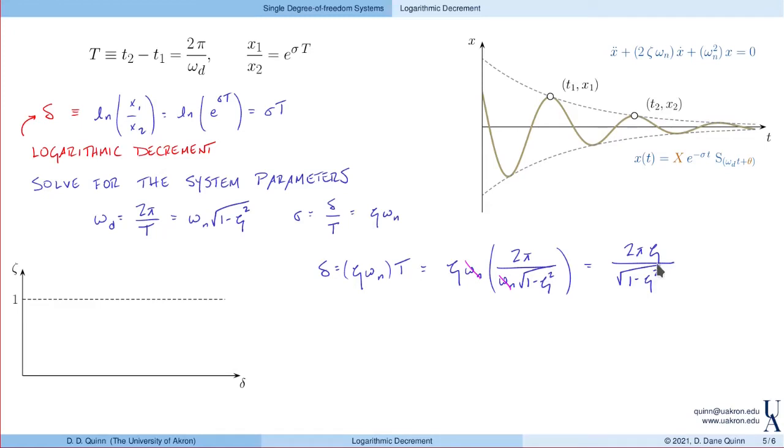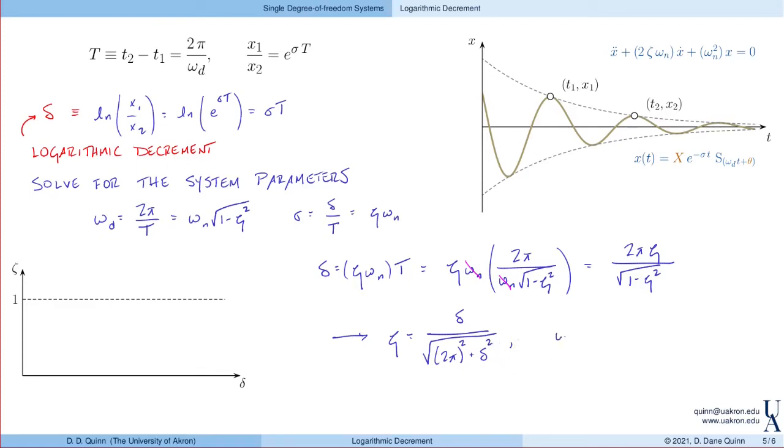Now I'd like to invert this relationship and solve for zeta. So pause the video now, maybe work through that algebra. And what you'll find is that in terms of the logarithmic decrement, delta, the damping ratio is delta divided by the square root of (2 pi) squared plus delta squared.